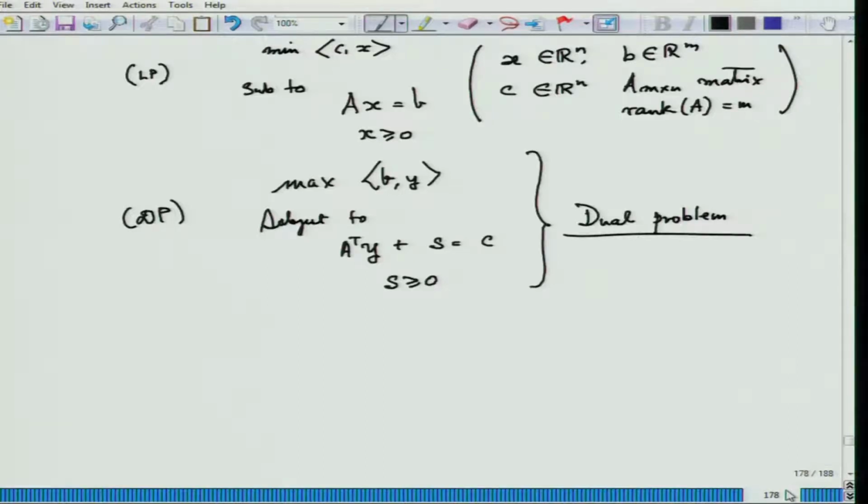Now, we go back and write down the linear programming problem LP and its dual. Now, I just want to remind you that given this linear programming problem in the standard form, this is the dual which we had already calculated when we were studying the Lagrangian duality results. So, the Lagrangian dual of this problem is this.